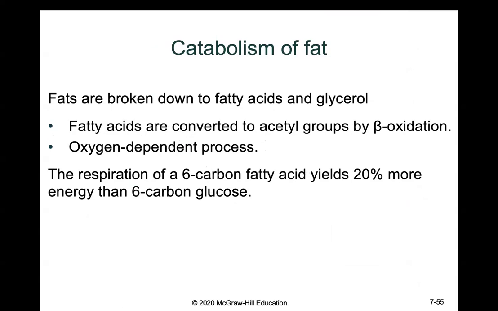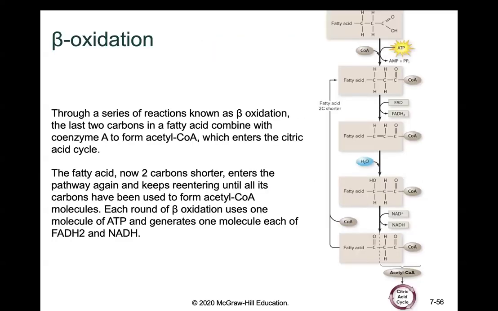So you get a 20% increase in yield. This is why fatty acids have much more energy than sugars. They are excellent energy sources for us, technically. And this is why burning fat will give you so much energy. And this is all because of beta oxidation.